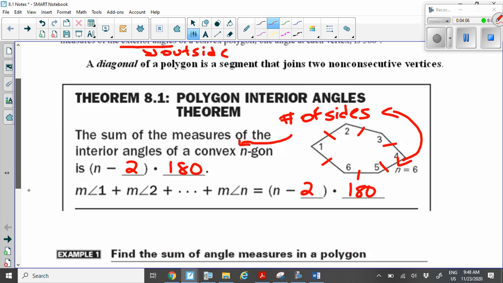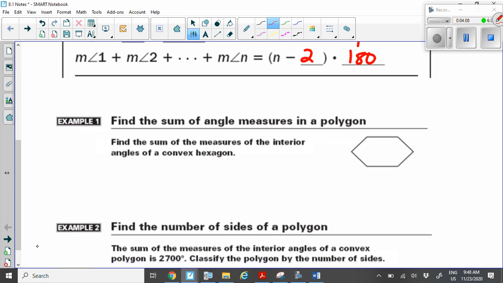It was asking us to find the sum of the measures of the interior angles of a hexagon. The nice part is they also gave us a picture, so we could just count the sides, but just knowing the word is also helpful. Notice we have 1, 2, 3, 4, 5, 6, so our n value here is 6. Using the formula, the sum equals n minus 2 times 180.